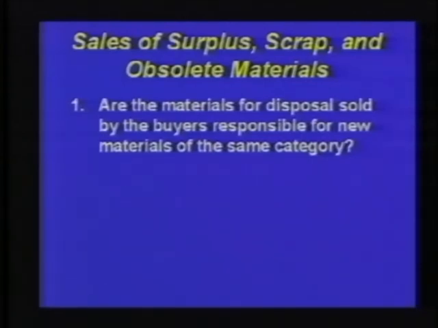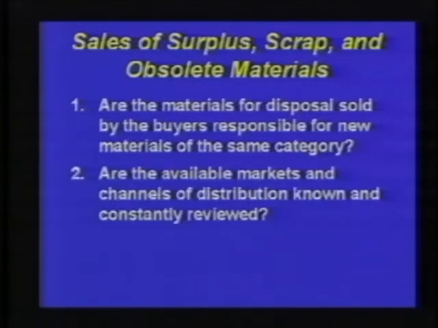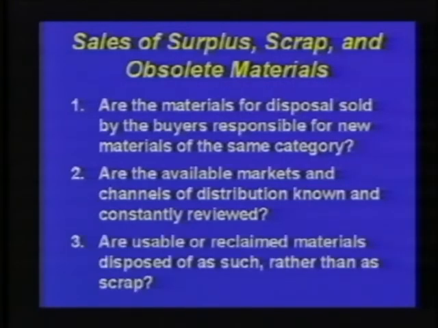Again, easiest way to eliminate future problems is to go through a bonded scrap dealer. Number 2, are the available markets and channels of distribution known and constantly reviewed? In other words, there may be a need to save high cost alloys, and then as the market has an upswing, to sell that scrap and surplus to get the highest return on scrap and surplus dollars. 3 are usable or reclaimed materials disposed of as such rather than as scrap.